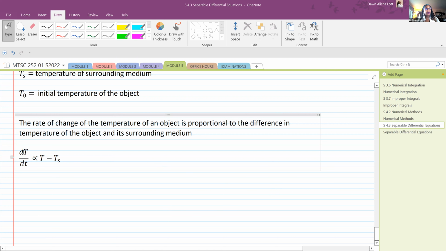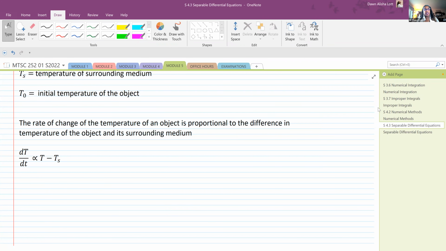Okay, so here's the rate of change of temperature, T, with respect to time. So that's how temperature is changing over time. It is proportional to the difference between the temperature of the object and the temperature of the surrounding medium.